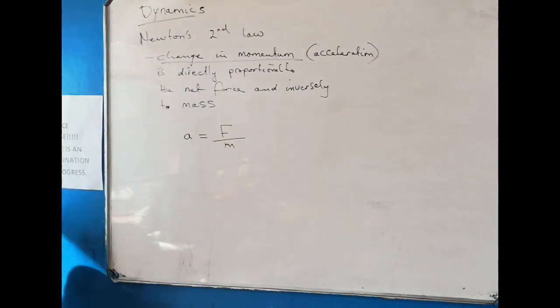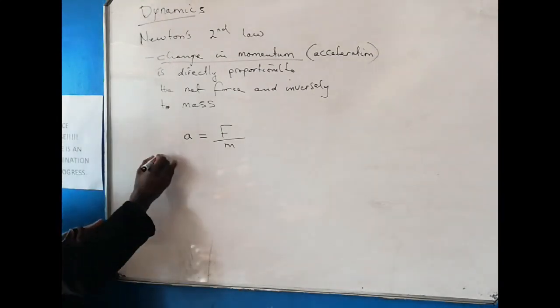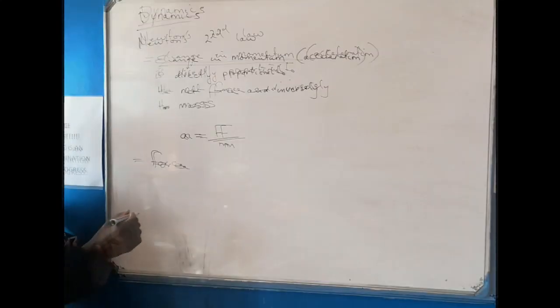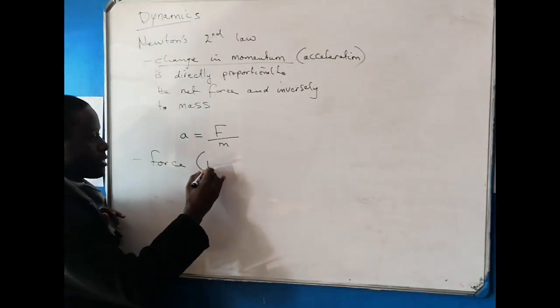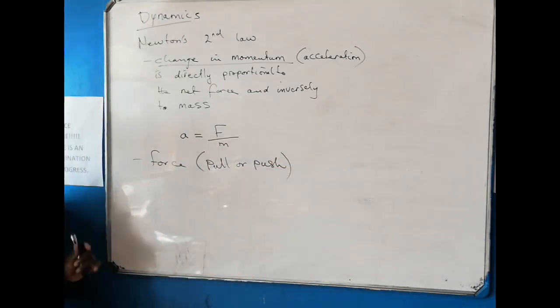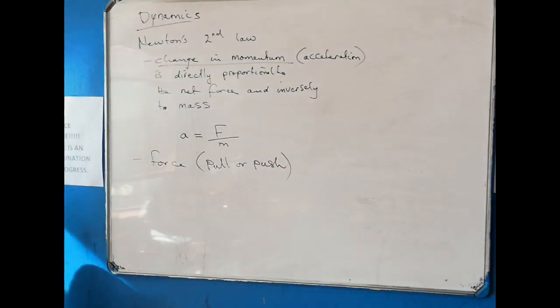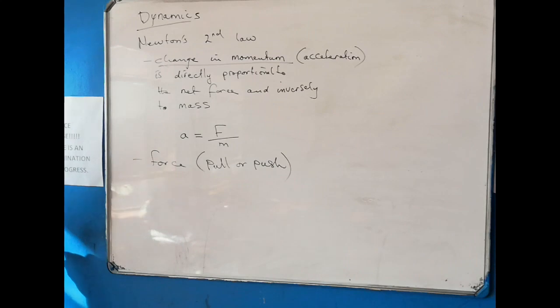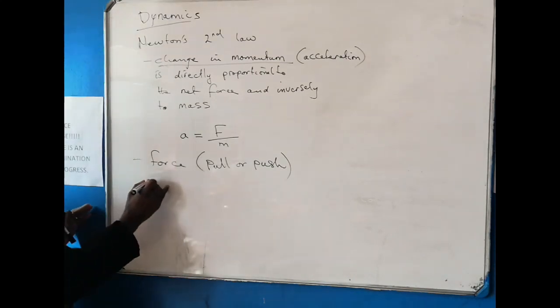But where there is change, a force. The definition for a force is what? A force is a pull or push. That's what they taught you in grade 4. A force is an influence.